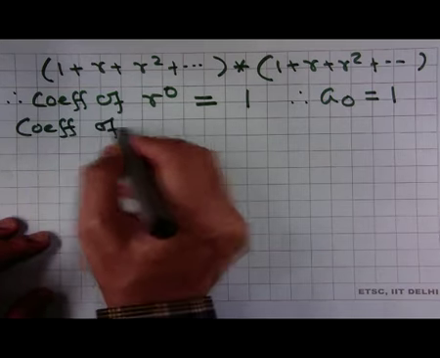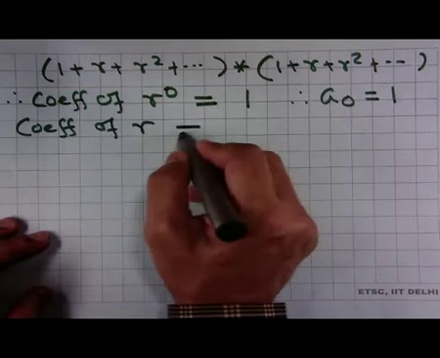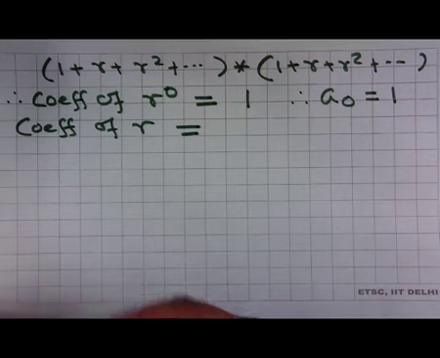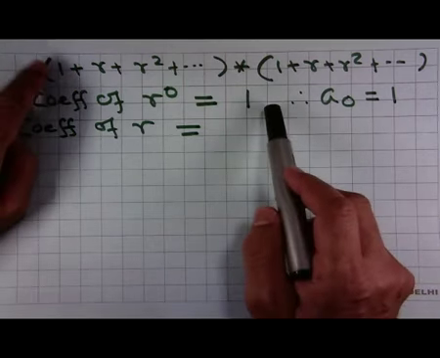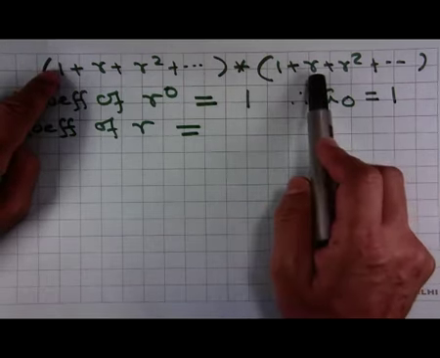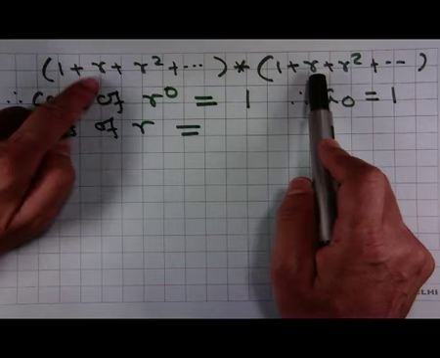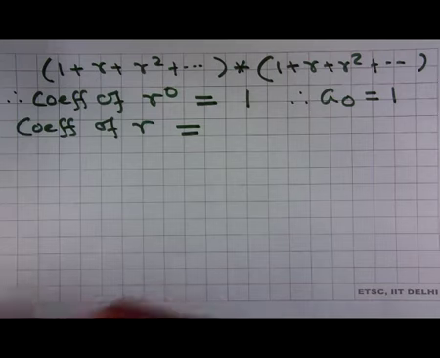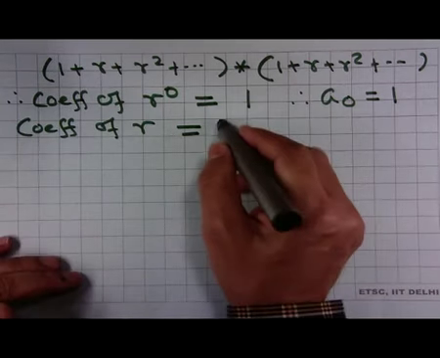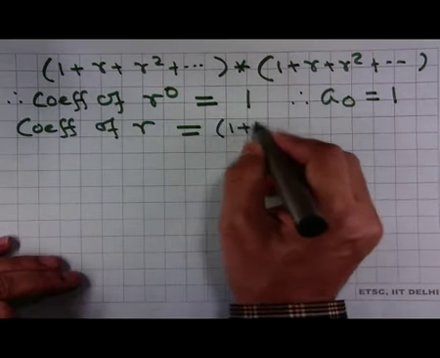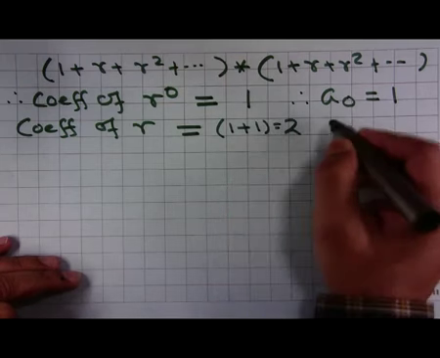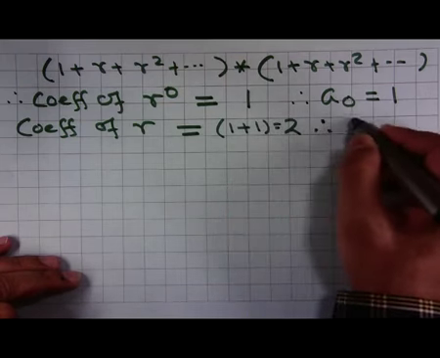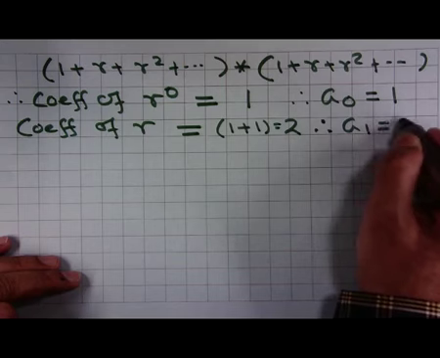Coefficient of r: we can get r in two ways, this one multiplied with this r and this r multiplied with this one. Therefore, coefficient of r is 1 plus 1, which is equal to 2. Therefore, a1 is equal to 2.